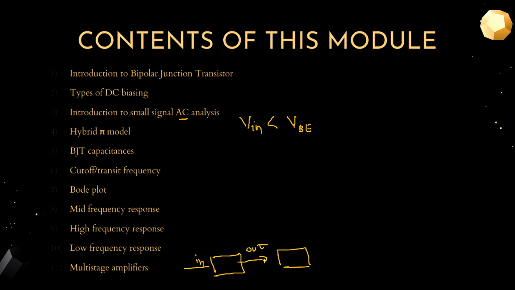This results in better amplification. So we look at how these multi-stage amplifiers can be used for better amplification. And at the end of this, obviously there will be some questions. Questions will be done both in the middle and at the end of each topic. So now let's get started with the topic.